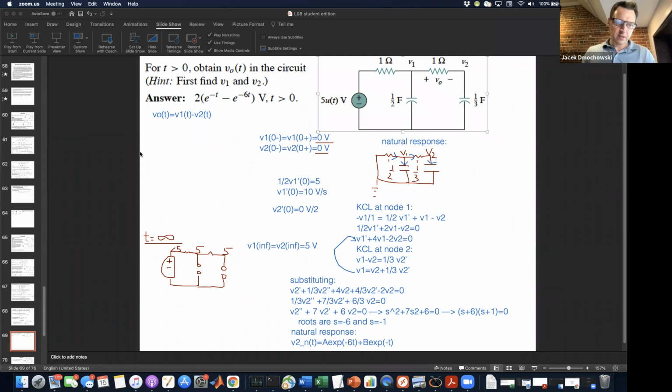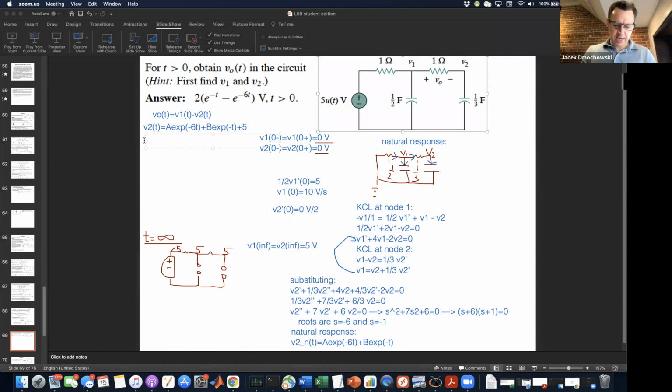So I have V2(t) is going to be equal to A exponential negative 6t plus B exponential negative t plus 5. And so now we need to get my A and B coefficients.